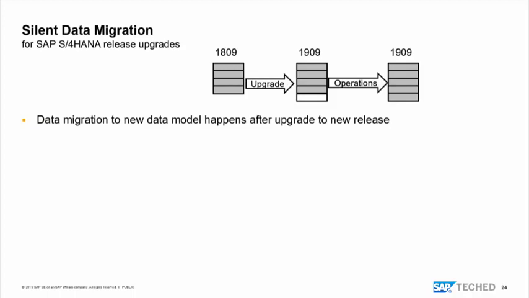The Software Update Manager will take care that this field is part of the table definition, but it will not start the conversion filling this field. The filling of the field is done afterwards during the operation of the productive system 1909. It's done in background. It's done silently, and that's why we call this silent data migration. It's happening after the upgrade in background.